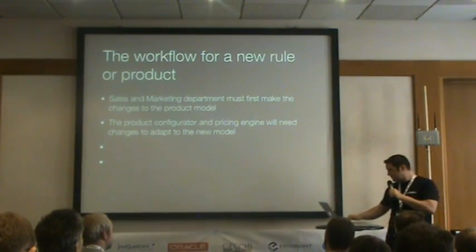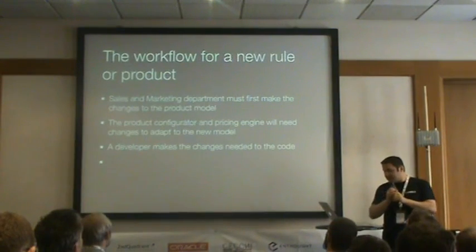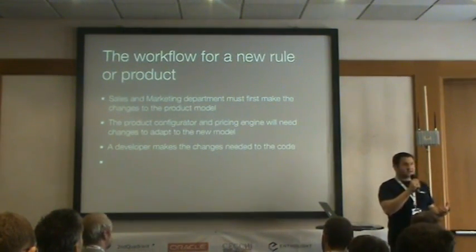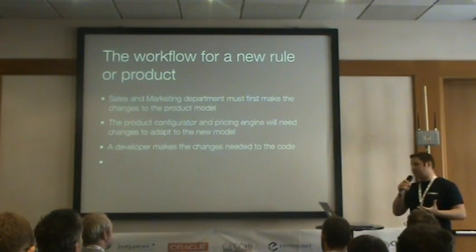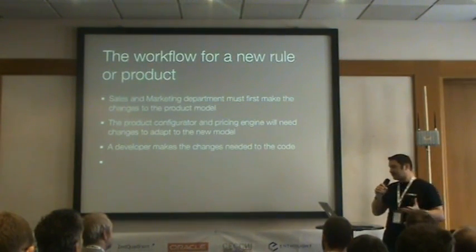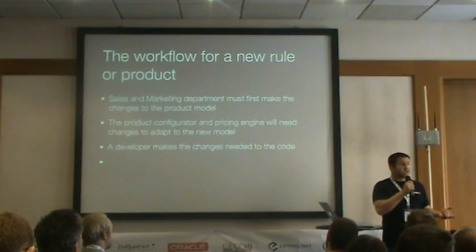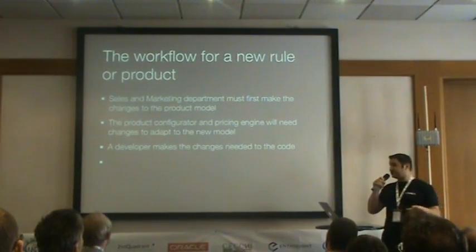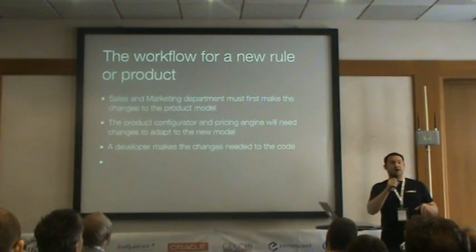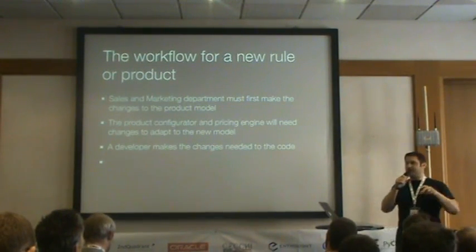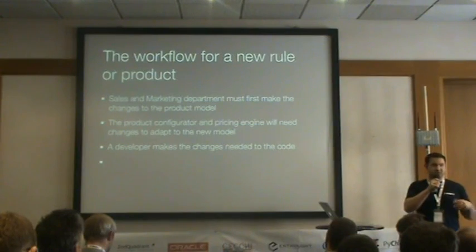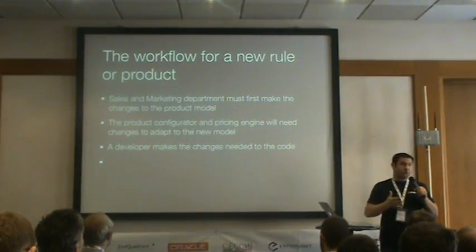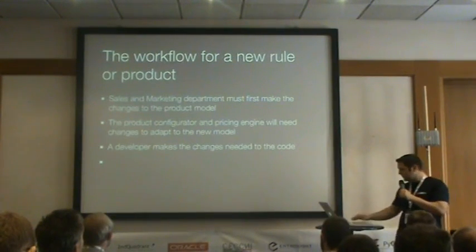But where they seem to fall down is the next thing: since how we deal with the model is not in the model itself and can't be interpreted from the model itself, you then need to pass this off to somebody who needs to actually make changes in the code. So this is typically going to be a developer. Now, this might have been extracted by the product that's been bought, by simply putting in new operators and determinants in order to evaluate things differently. And we'll talk about what those things typically look like.